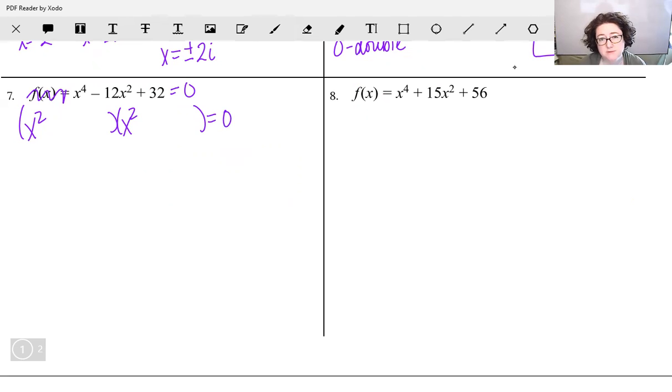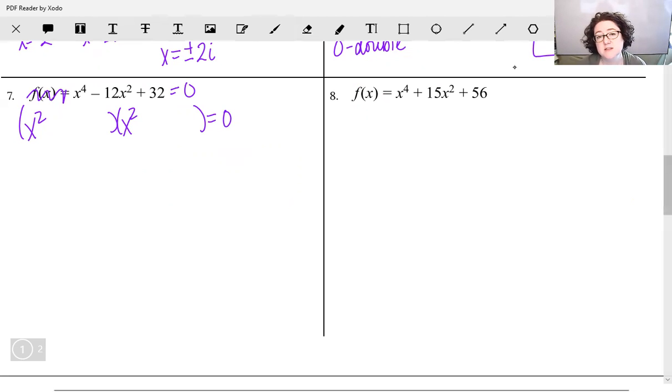32, well, I need 2 factors that will multiply to make a positive 32, but I'm going to add or subtract to get that negative 12. So that means I know I need a positive and a negative. Or do I? To get that positive, what signs do we need? You know, negative and negative.